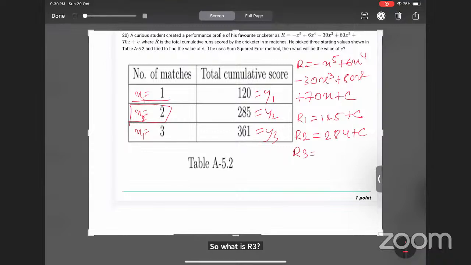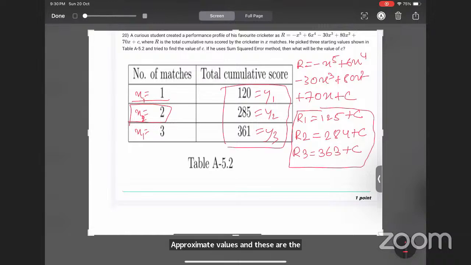Okay. 363, ma'am. Can you repeat? 363 plus C. 363 plus C. So these are the approximate values and these are the real values, right?